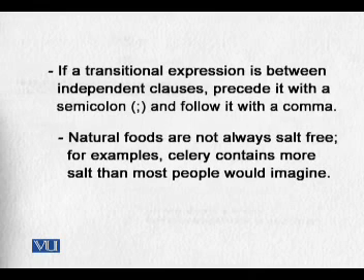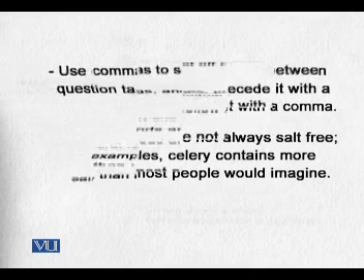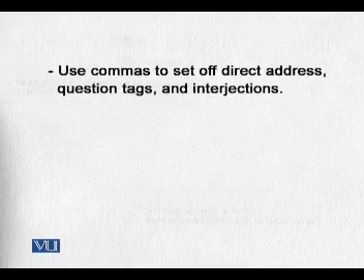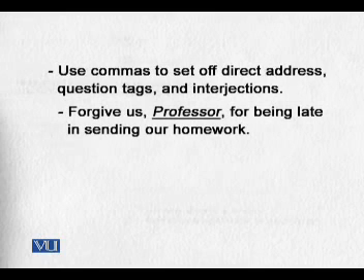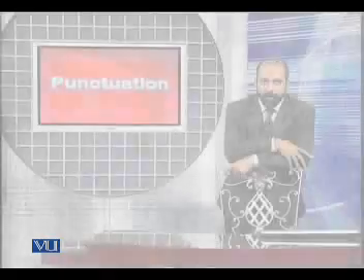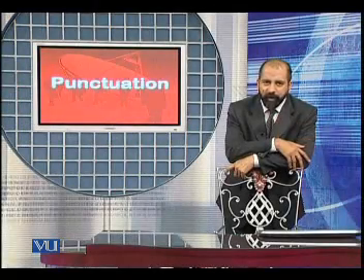Next, three more places where we use commas. Use commas to set off direct address, question tags, and interjections. Example: forgive us, Professor, for being late in sending our homework. Now this is direct address. Forgive us, Professor. I can say the sentence this way also: forgive us for being late.